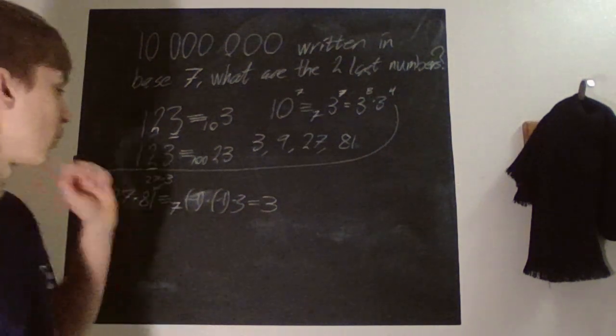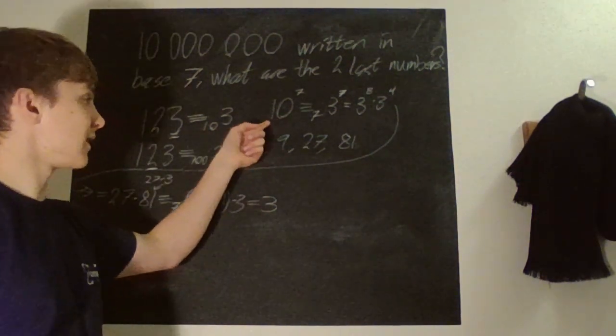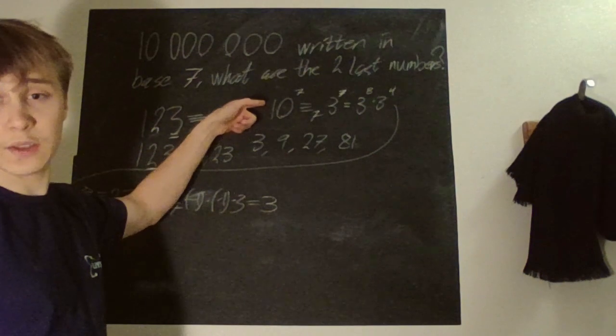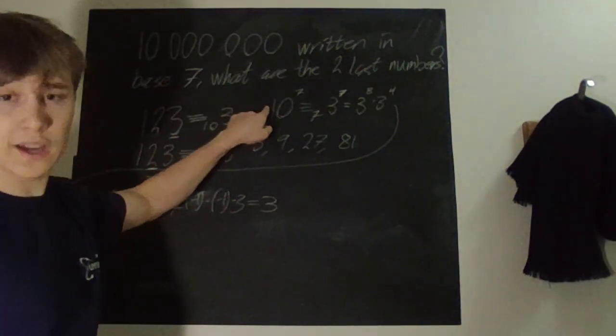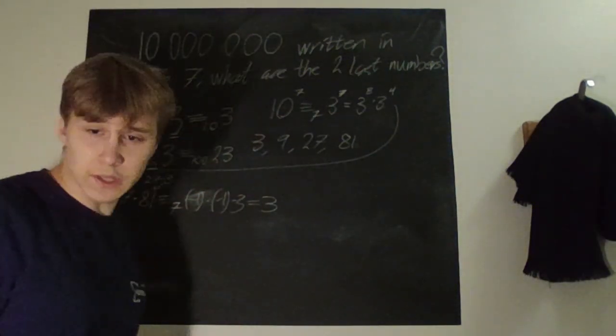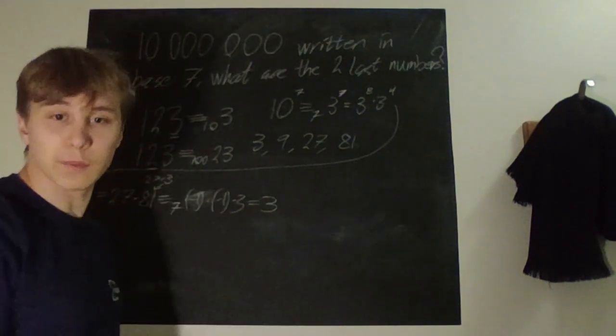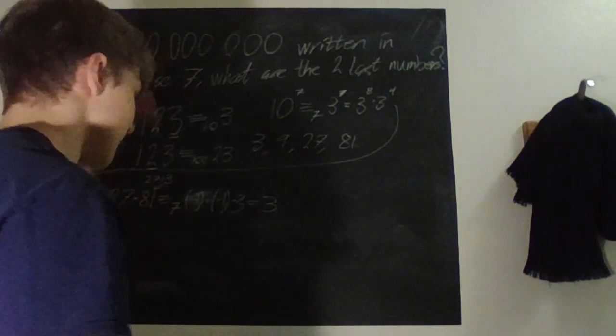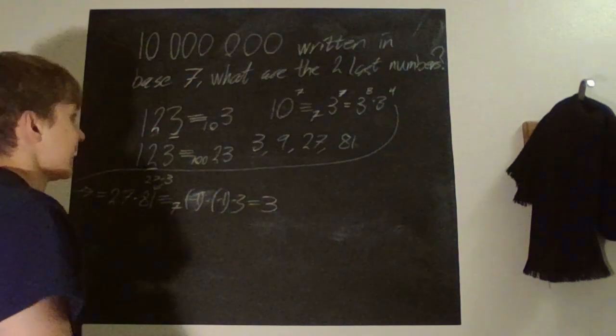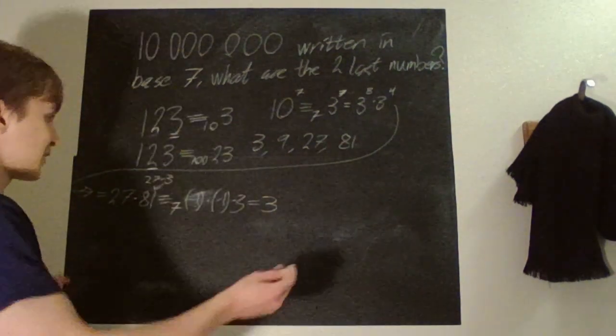Okay, so now we know that in 10 to the power of 7 days, in 10 million days, it will be 3 days from now, the weekday which is 3 days from now. Just a fun fact.